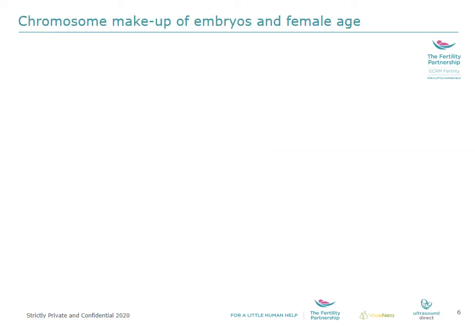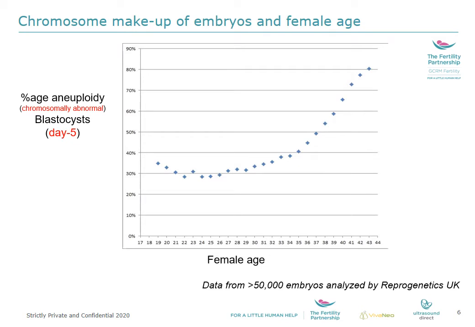So this graph here examines the effect of age on chromosome abnormalities in embryos. So aneuploidy is a chromosomally abnormal embryo, and a blastocyst is a day 5 embryo. And an embryo has to develop to the day 5 stage before it can implant.